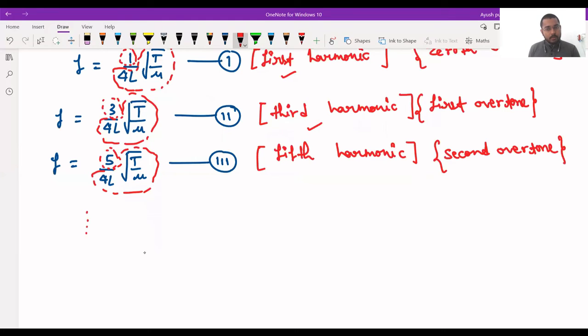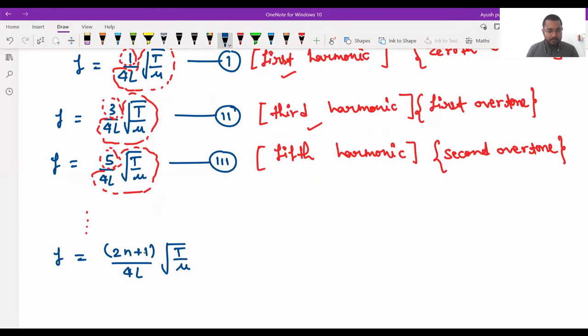Now I want to write the equation for the nth harmonic. So if I want to write the frequency for the nth harmonic, then I have to write it as (2n plus 1) divided by 4l times root of T upon mu.